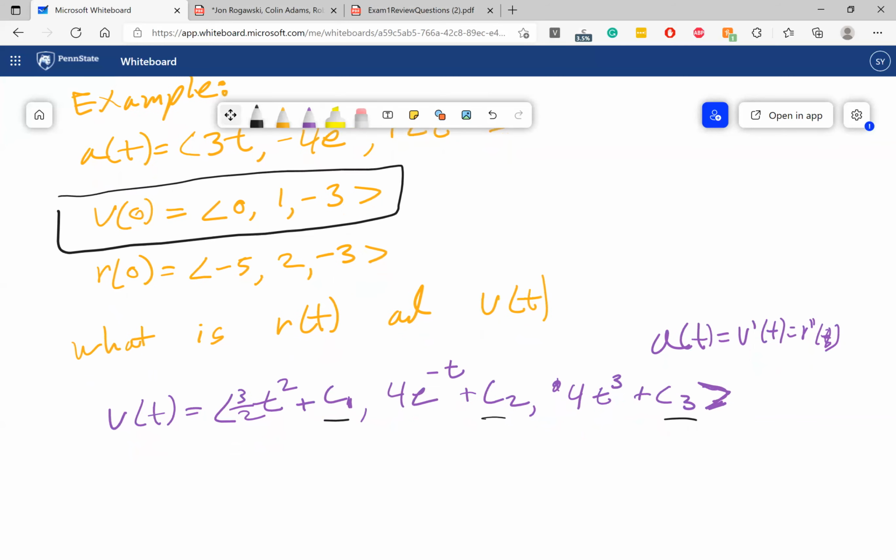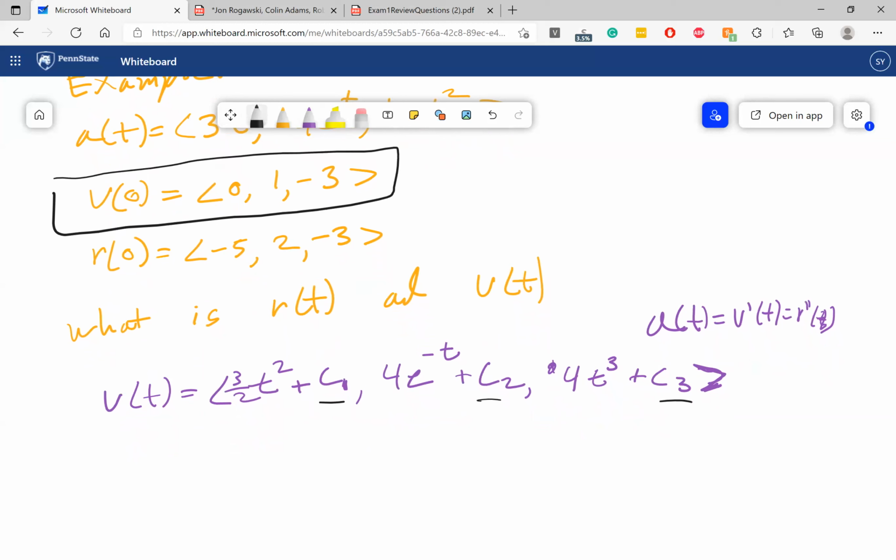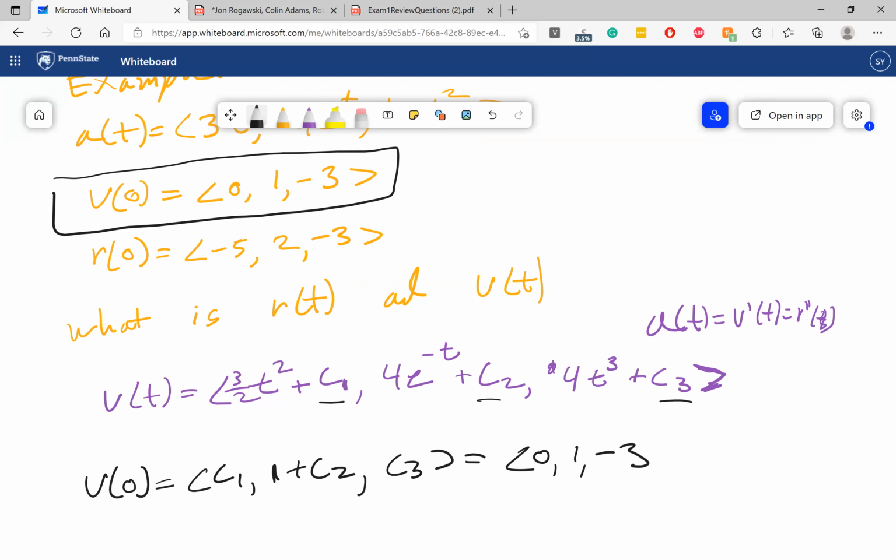So v at 0 is going to be equal to c1, and then from the 4e to the negative t, you're going to get 4 plus c2, and then you're going to get c3. And we know that that is equal to 0, 1, and negative 3.